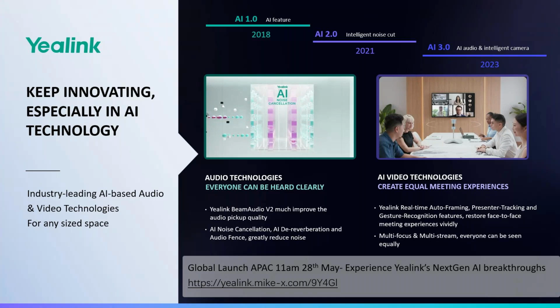In 2023, they introduced AI 3.0, where we have more intelligent cameras enabled, but also the AI audio has been more and more developed. And if we look at the latest Yealink gear that has been released, like the CM20 or the CM50, and we realize how the surrounding noises are filtered out with the noise cancellation, then yeah, it's a completely different quality that we have there.